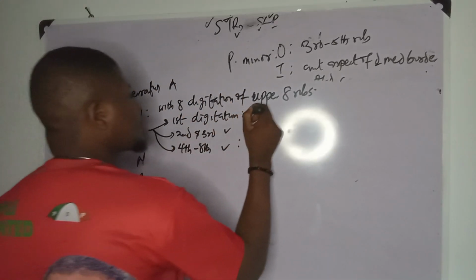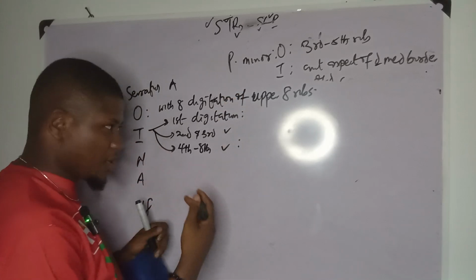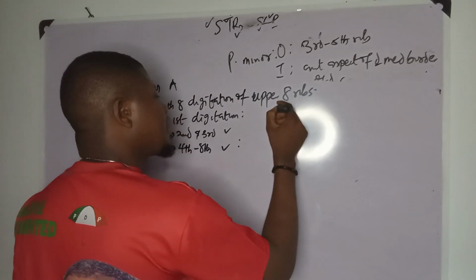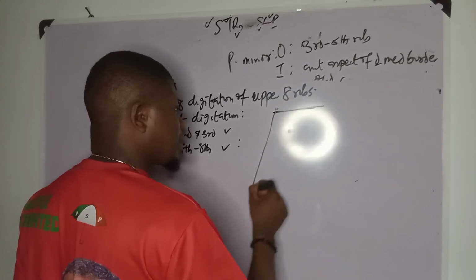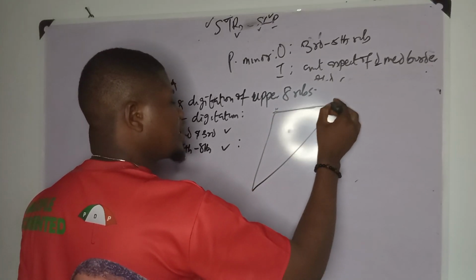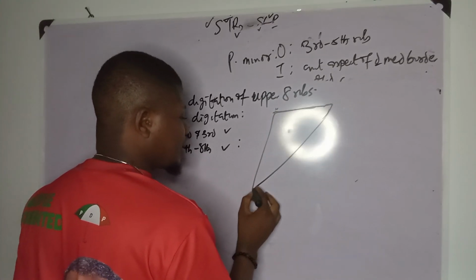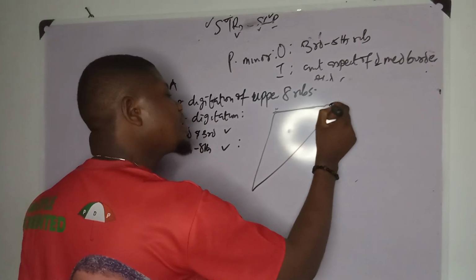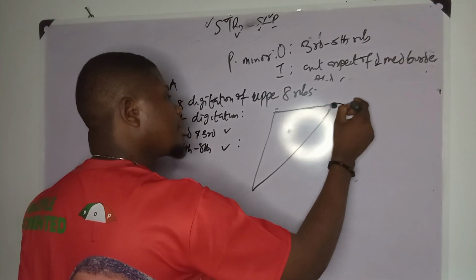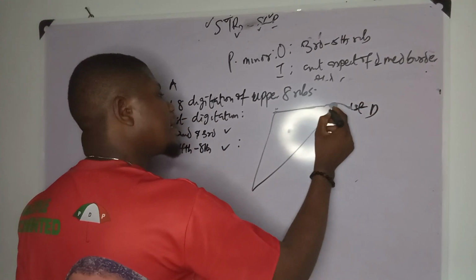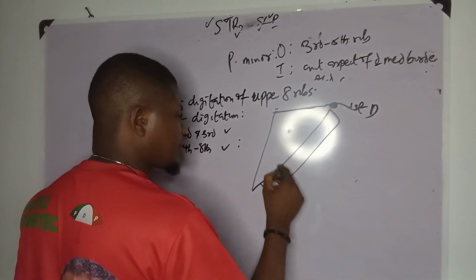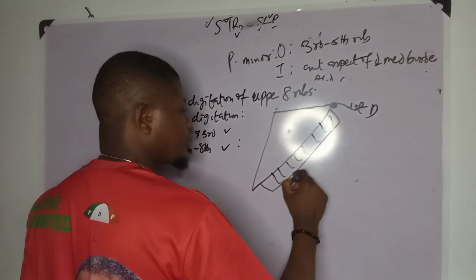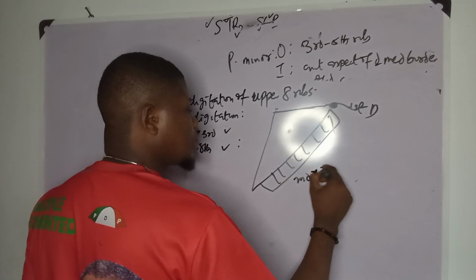So I'm categorizing this like, let's say this is the scapula. This is the superior angle, this is the inferior angle. So you see that the first digitation is here. Then the second digitation spans up to this point. This is the second and third digitation.